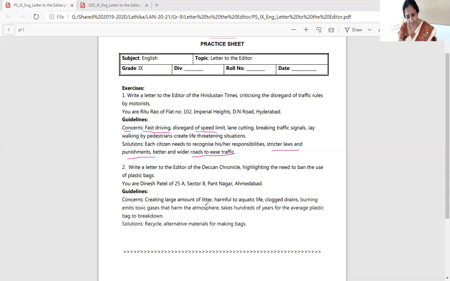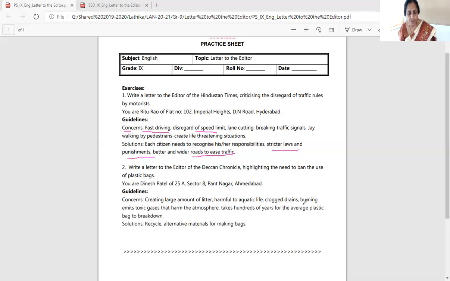Creating a large amount of litter, harmful to aquatic life, clogged drains, burning emits toxic gases when you burn the plastic bags that harm the atmosphere. And it takes hundreds of years for the average plastic to break down. Okay, so we know all these facts, but we still don't comply with the ongoing drive to ban plastics.